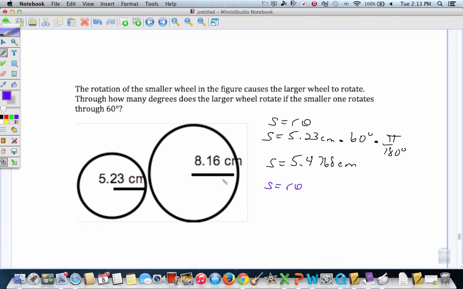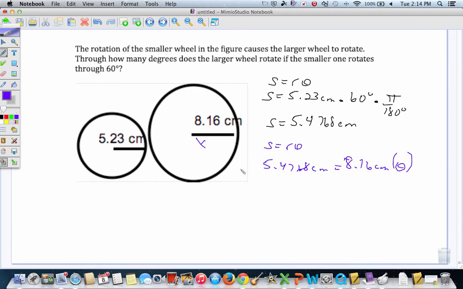That's how far the smaller wheel has traveled. Now that means this larger wheel has traveled the same distance because it turns that one. So when I go to S equals R times theta for the big wheel here, I have 5.4768 centimeters is equal to the radius of 8.16 centimeters, and we can use it to find theta.